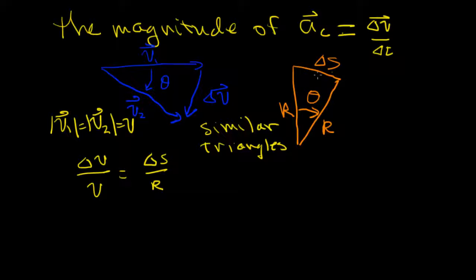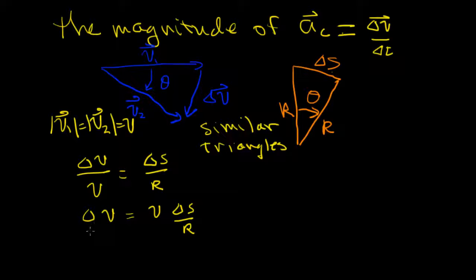That is the length of this side divided by a radius is equal to the length of this side divided by one of its sides, and these sides both have the same magnitude, which is just v. And so then I can say, well, look, delta v is equal to v times delta s over r.